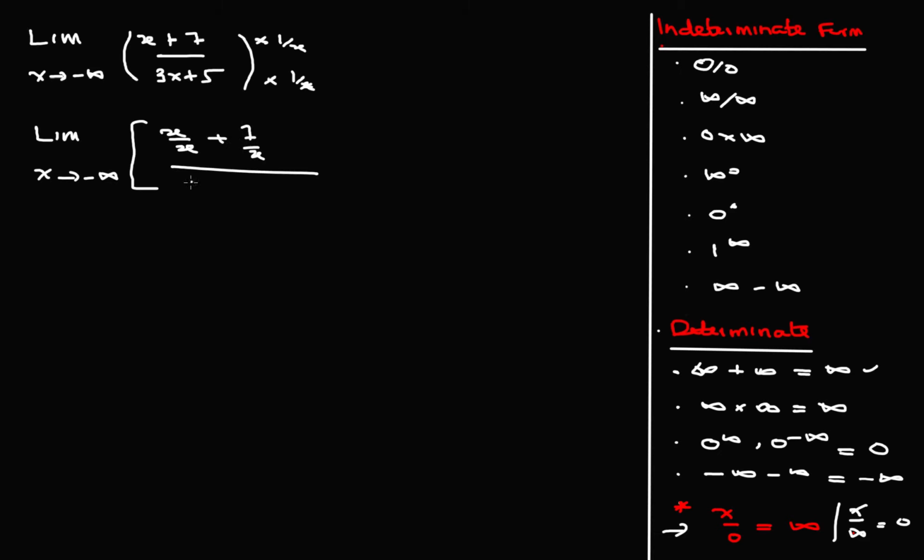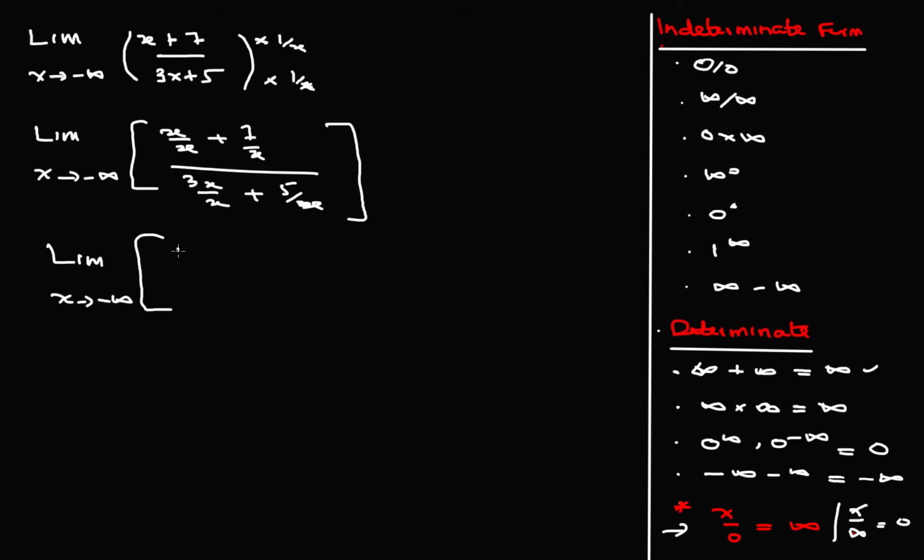Then here we'll have 3x over x, plus 5 over x. Remember, we're not dealing with 0, we're dealing with infinity. That's why we are approaching this differently. We're going to remember our notation because we haven't replaced the values yet. That is something to remember.